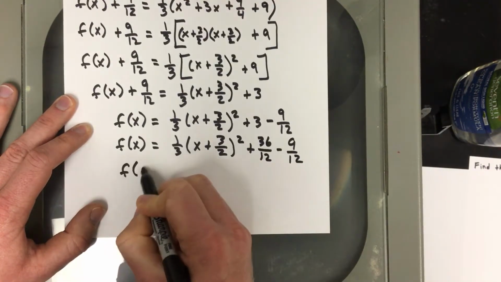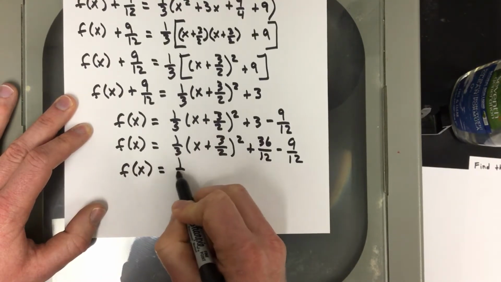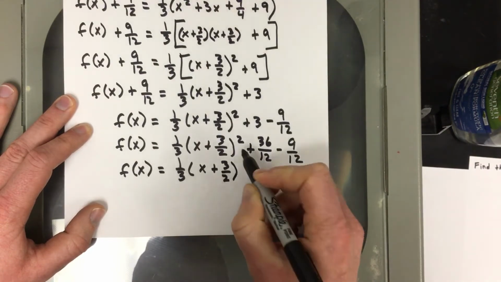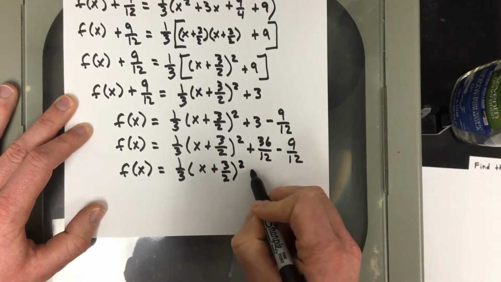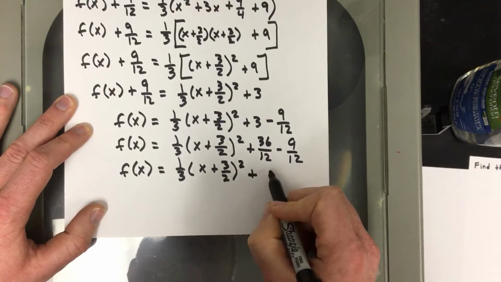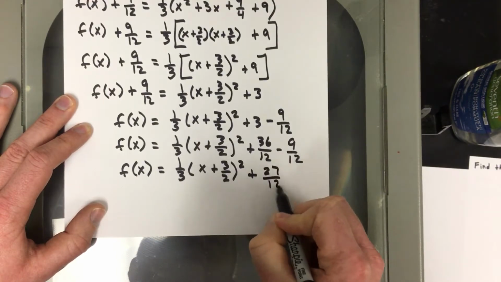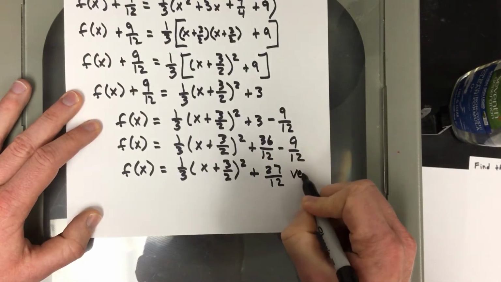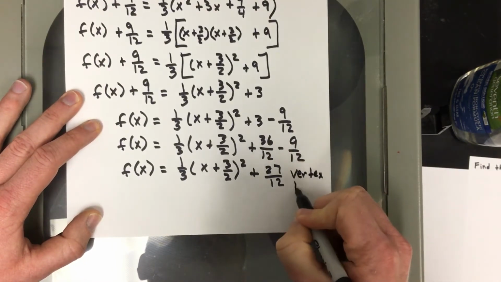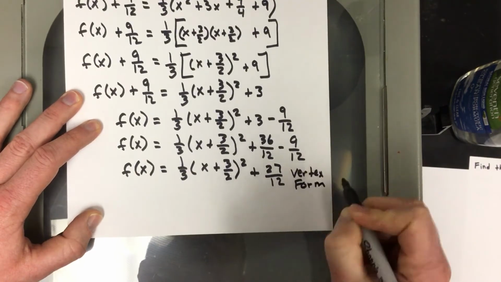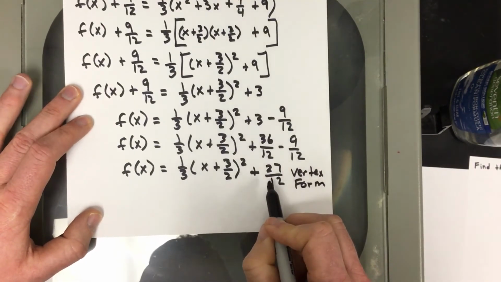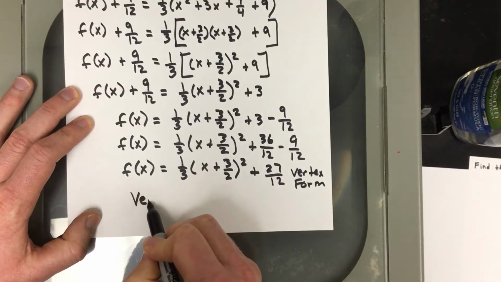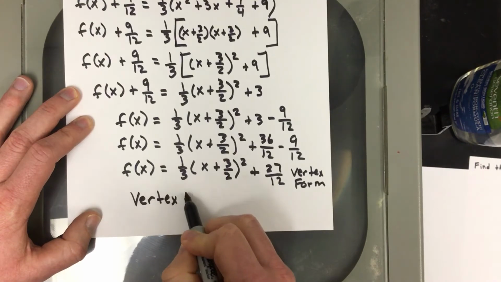So f of x equals 1/3 times x plus 3/2 squared plus 36 minus 9 is 27/12. So now I've got this in vertex form. I should reduce this. I'm not going to reduce it just because I'm running out of time in the video, but you should reduce this. When you actually write the vertex, I'll write the reduced version of that.